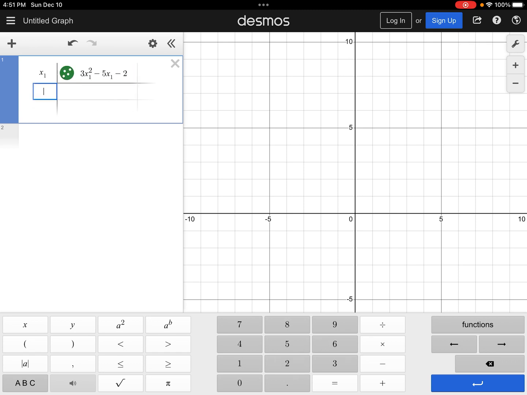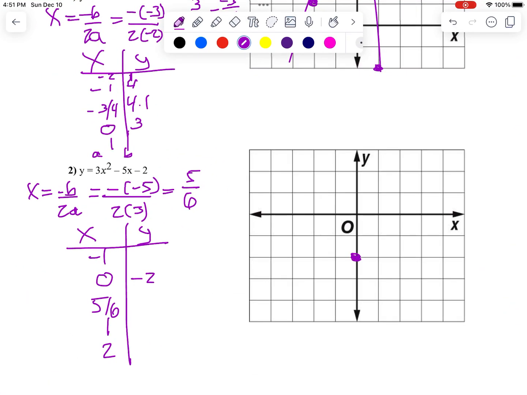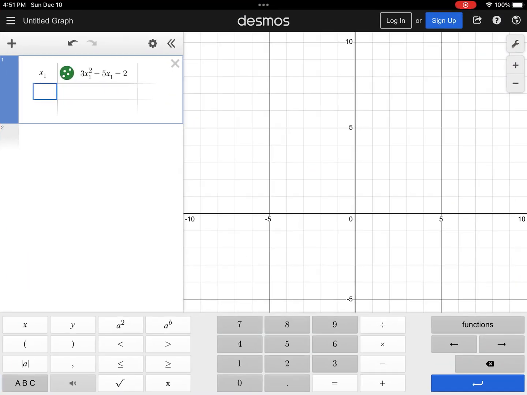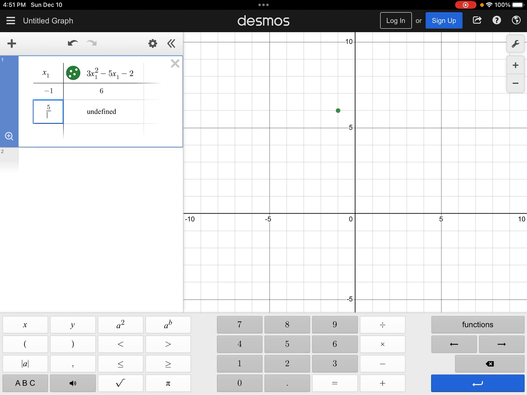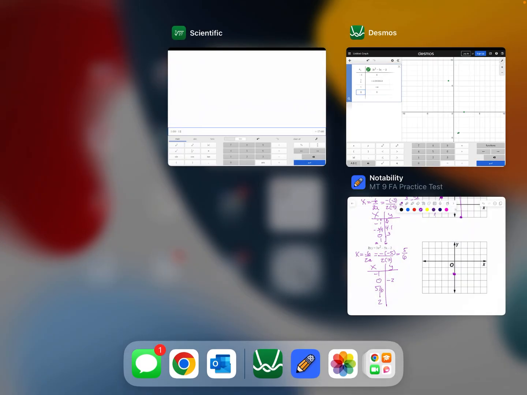And then my graph starts at negative 1. So I go negative 1. Probably don't need the 0, but I'll put in 5/6 then. And then I'll go 1 and 2.